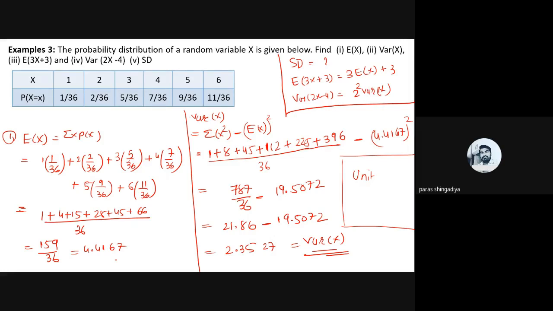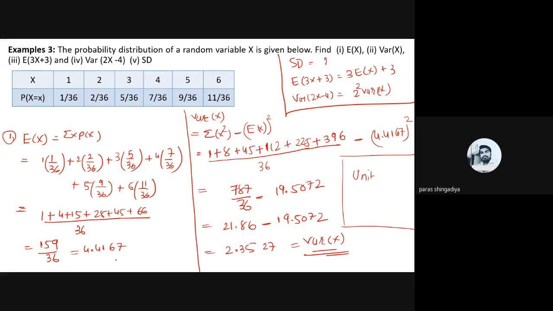So E of X square minus E of X whole square. E of X square means the square of the variable multiplied by its probability. The squares of the variable are 1, 4, 9, 16, 25 and 36. Clear? Then we multiply with the probabilities, meaning multiply with 1, 3, 5, 7, 9 and 11.